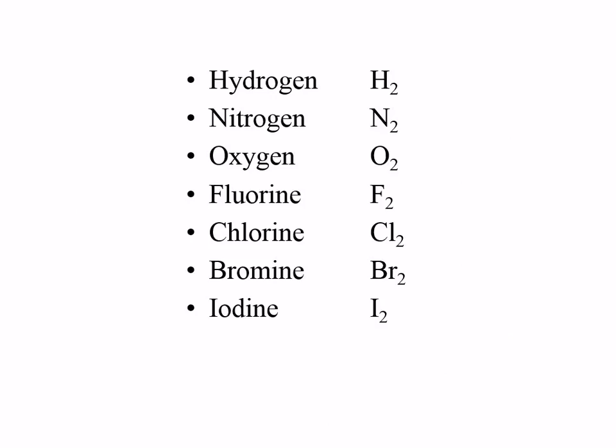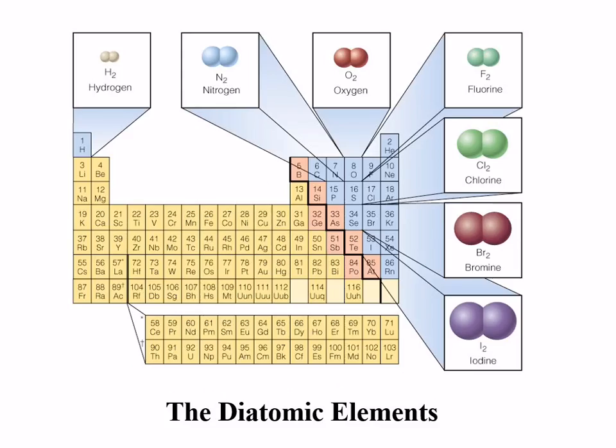So I can put little subscripts: hydrogen, oxygen, fluorine, bromine, nitrogen, iodine, and chlorine. So there are the 7 diatomic elements on the periodic table.